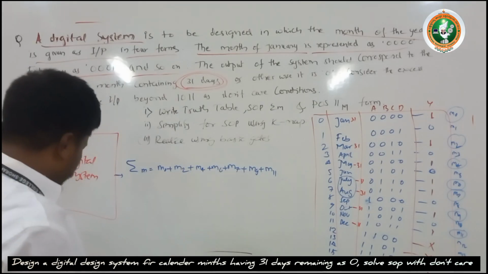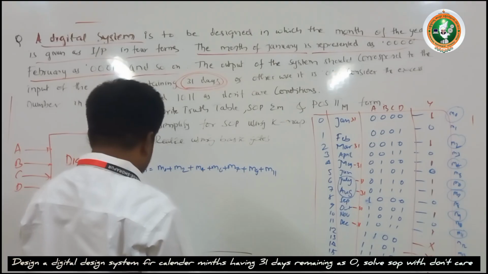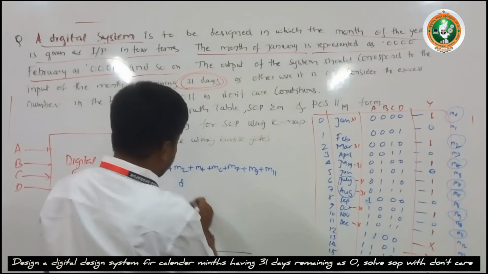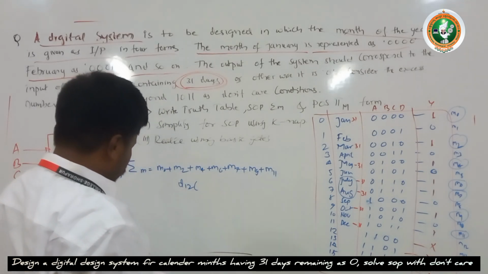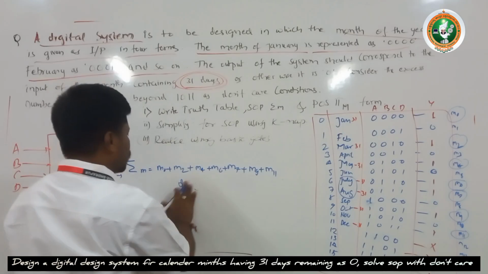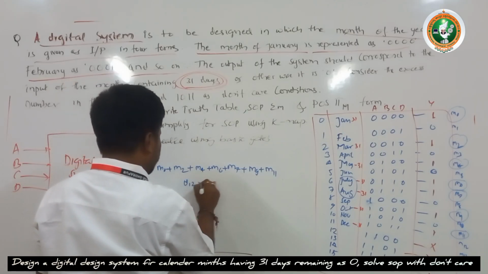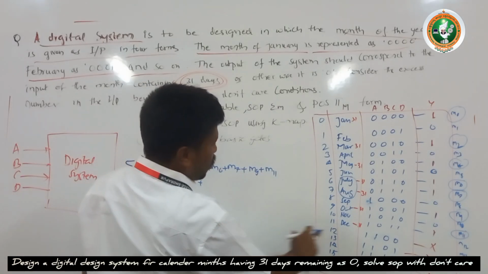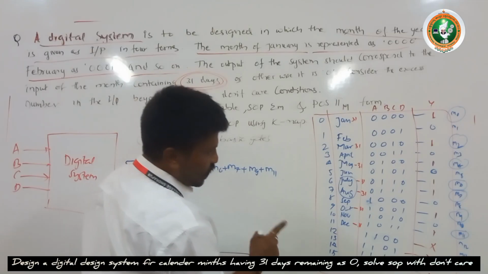Next I have to write the don't care cases also. How to write the don't cares? D of 12 onwards. Is D12 there, yes or no?